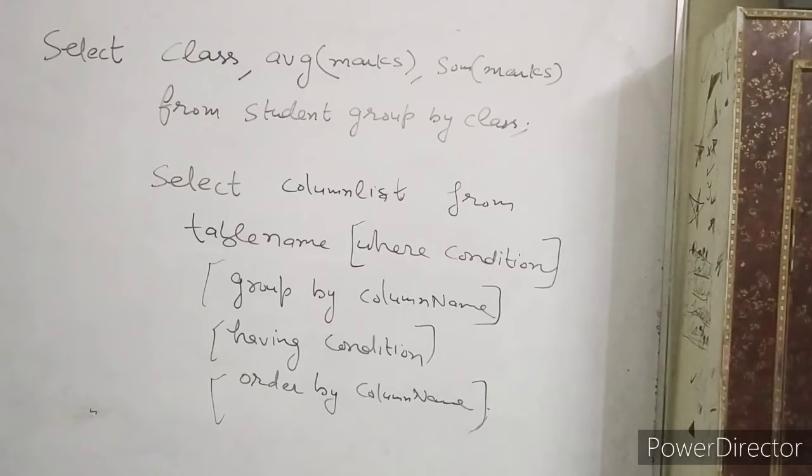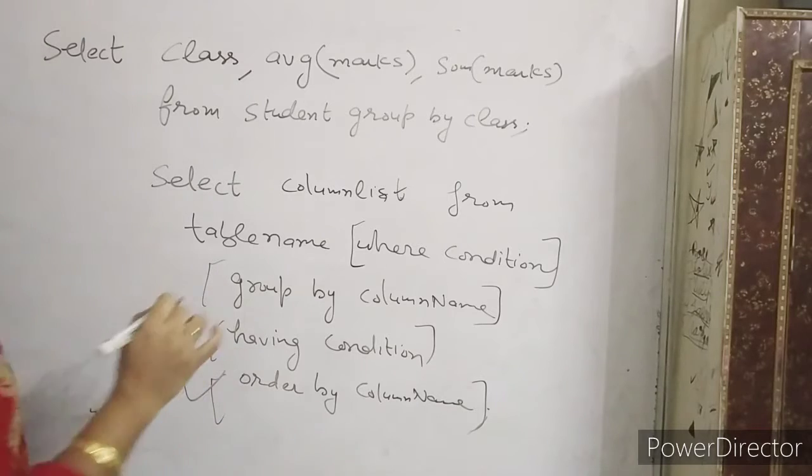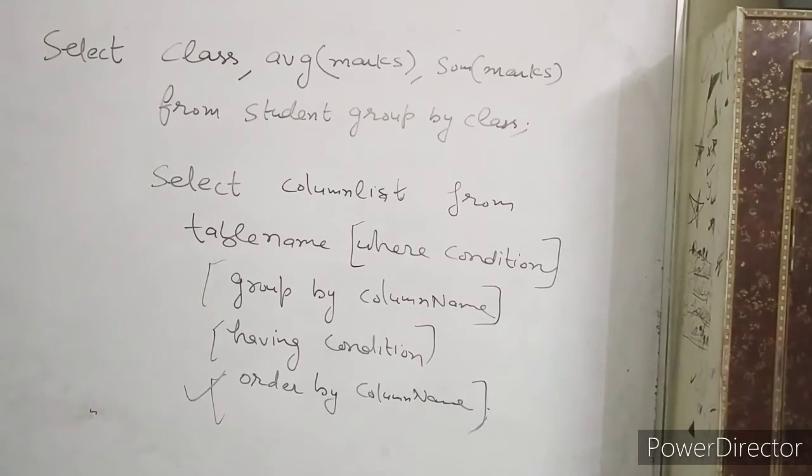Now in 12th class we read about the grouping. If I have to find out some aggregate on the basis of some column, then I apply group by column name. Now the next two clauses: order by, you already know, is for arrangement of the records in ascending or descending order. And one more clause I have used here, having. This clause I will teach you now.